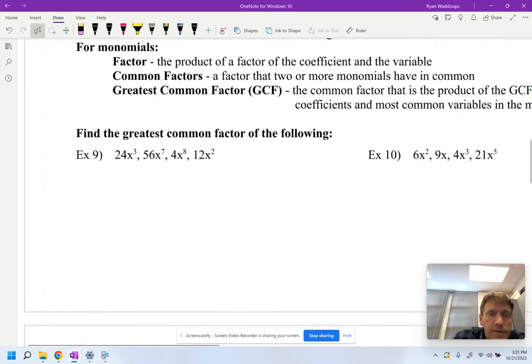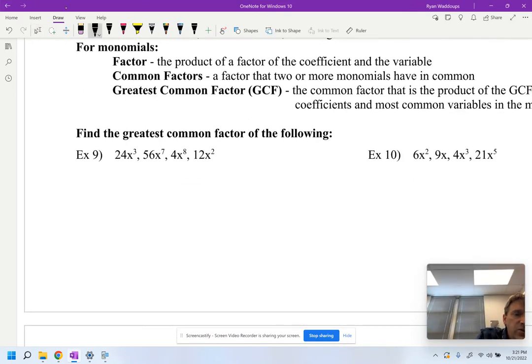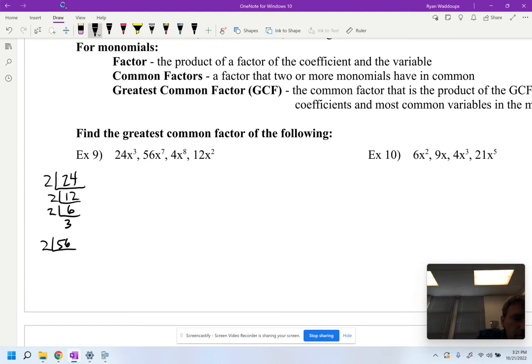All right. So we say 24 is 2 times 12, and 2 times 6, and 2 times 3. And 56 is 2 times 28, and 2 times 14. And 14 is 2 times 7.